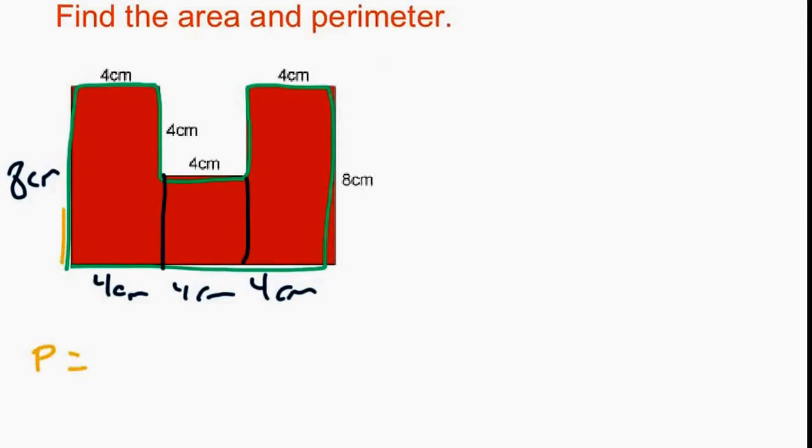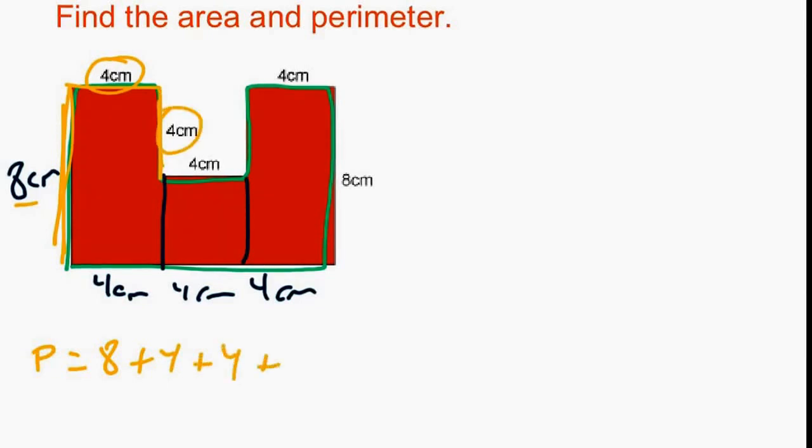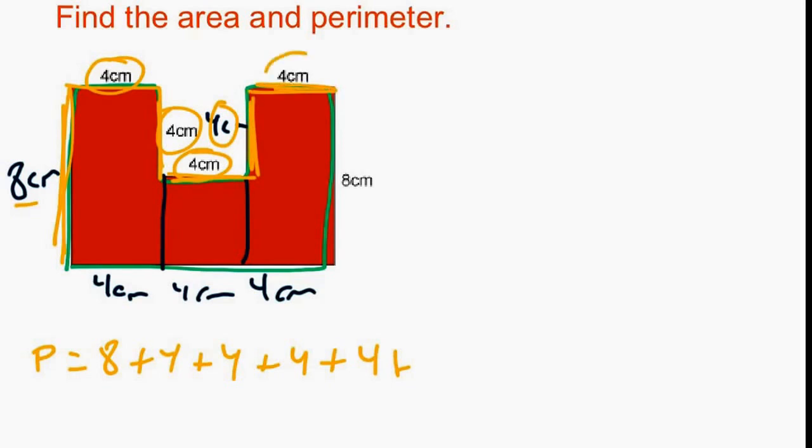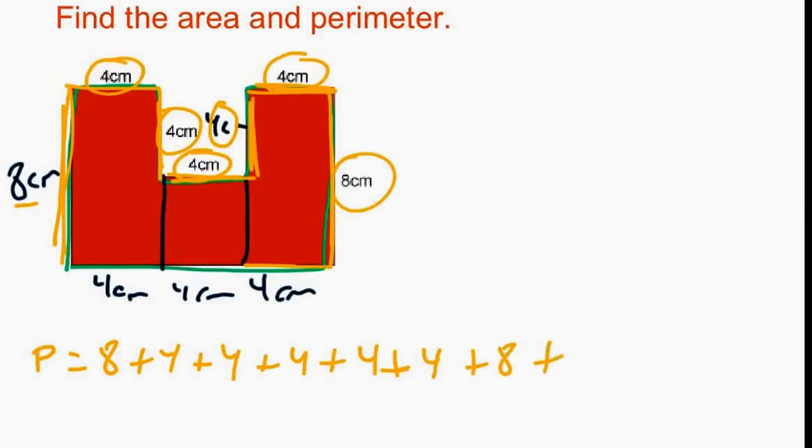Perimeter equals, start right here, 8 plus, going right here, 4 plus, going down, 4 plus, going across, 4 plus, this is 4 also, 4, that one right there, plus, now we're going this way, 4 plus, now we're coming down, 8 plus, going from there to there, 4 plus another 4 plus another 4.